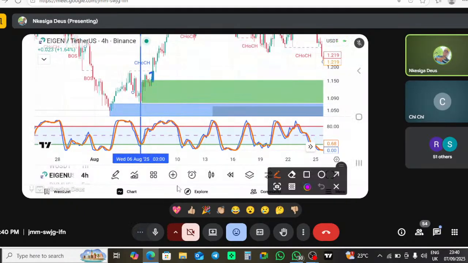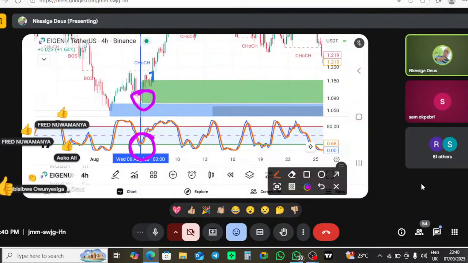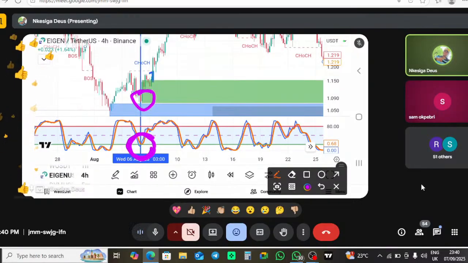Okay, now, here, at this point, it's where the market is in the oversold region. Can we all agree? Can I see the reaction? Yes. So, at this point here, the market is coming from the oversold region. Then on the chart, using smart money, the market is testing the sky blue block.